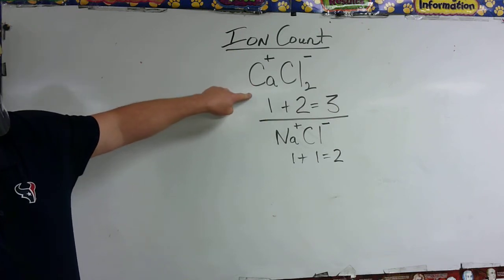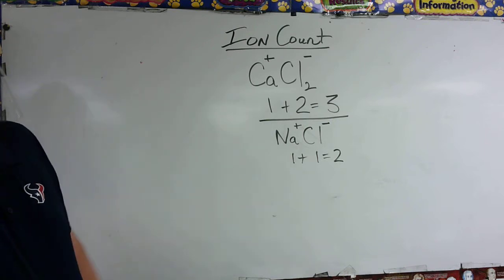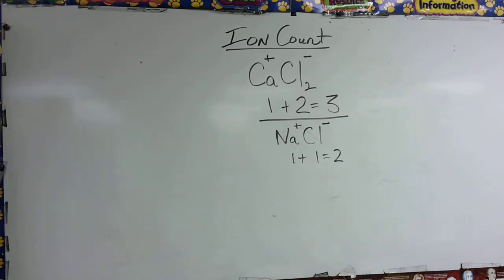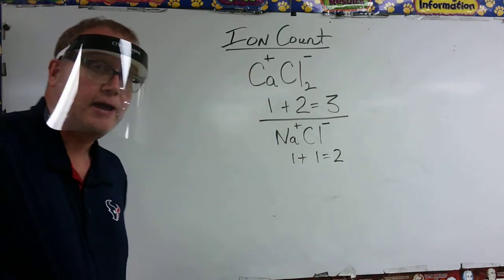When I add this one, it'll freeze at a lower temperature, which means if it doesn't get down to that temperature, it will not freeze. So this is how you would do your ion counts for those.